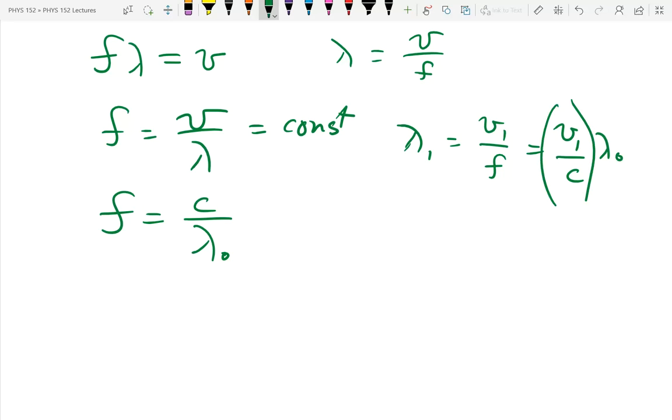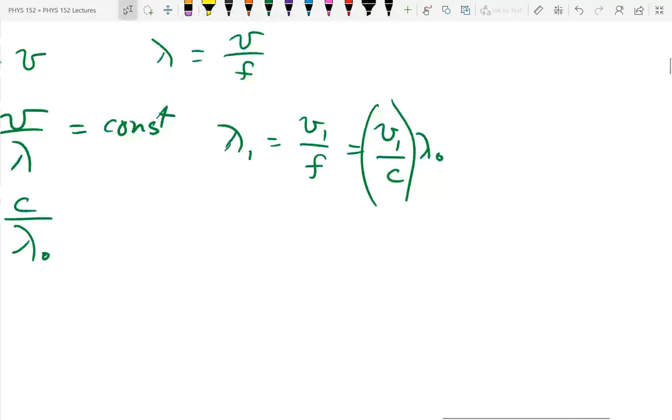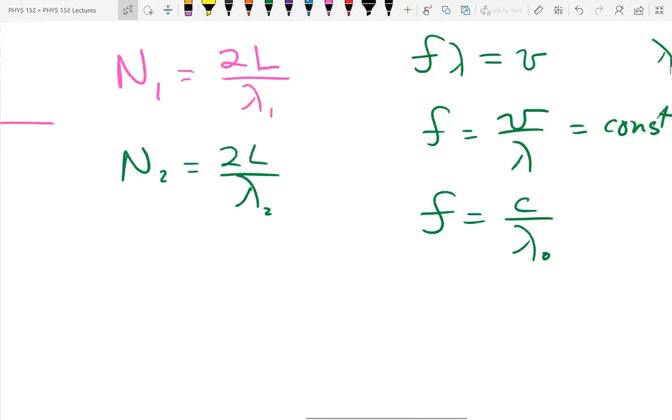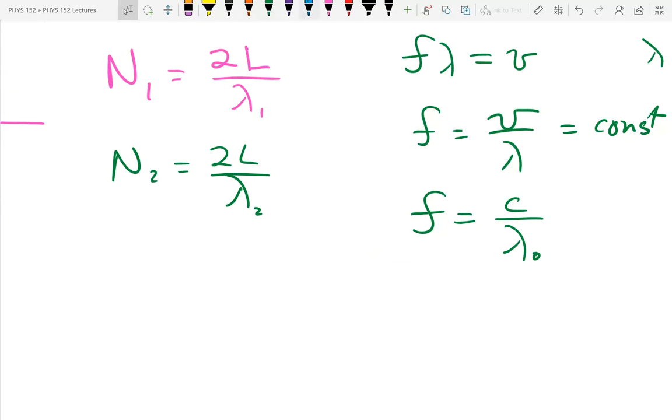But this term here, speed of light over c, that's 1 over n. So the wavelength 1 is the wavelength in vacuum over n1. Wavelength 2 is wavelength in vacuum over n2.